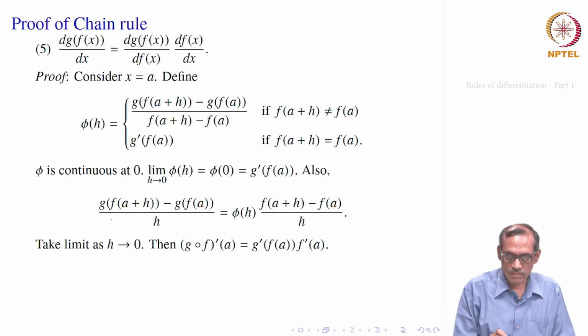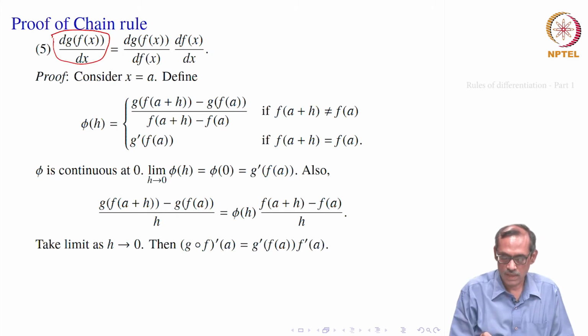Now, again we observe that g of f of a plus h minus g of f of a divided by h, which is really in the limit would give us the left side. So, that ratio is equal to phi of h times f of a plus h minus f of a divided by h. How is it true? If h is not equal to 0, then f of a plus h is not equal to f of a, that applies.